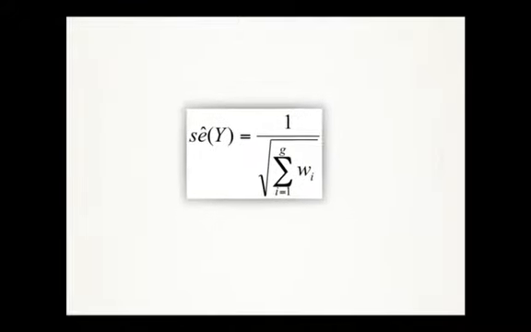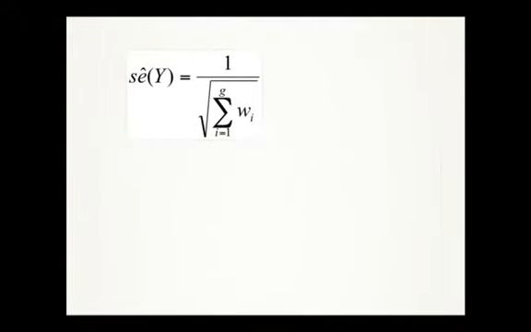Here is the formula for combining the standard errors. Again, the combined standard error, remember we called that y, is just a sum of the individual standard errors, which are the w's.